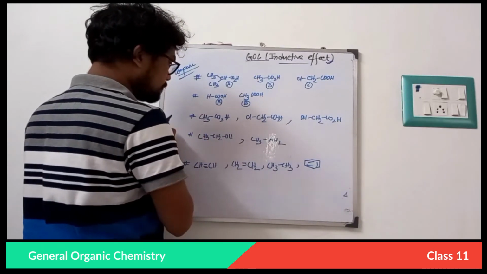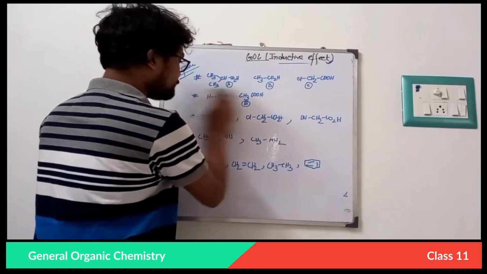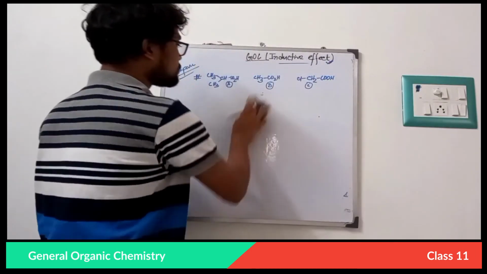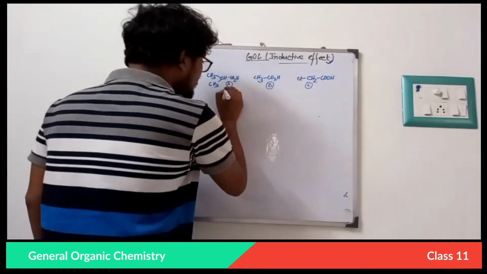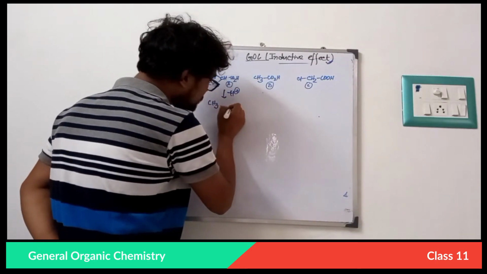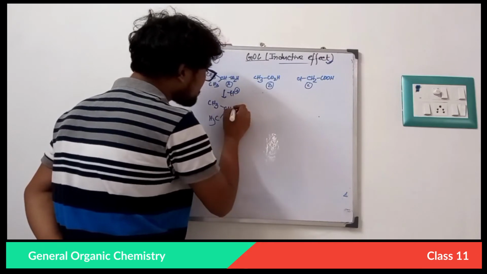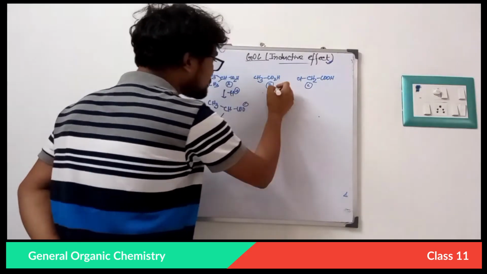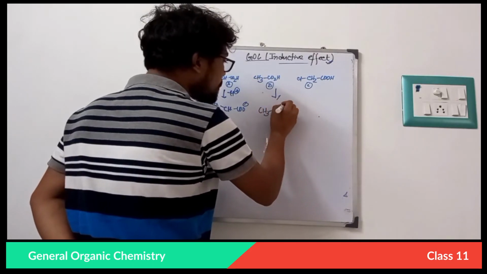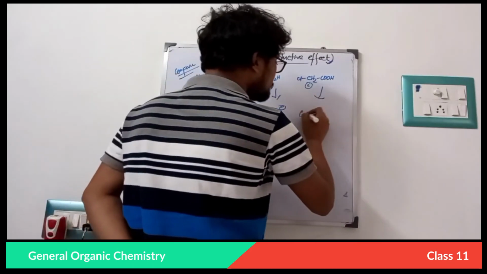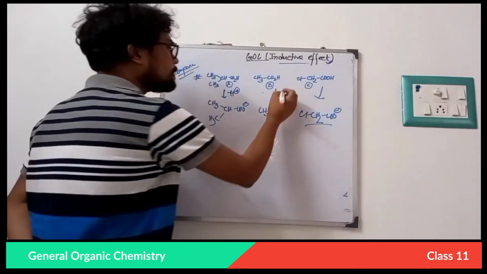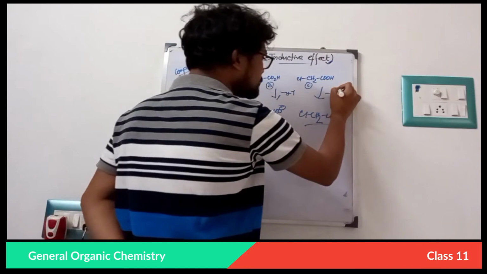Now if each releases H plus, then what happens? Each becomes COO minus.